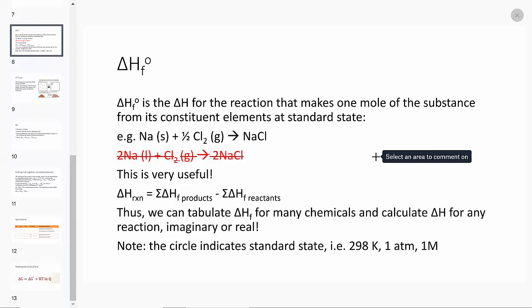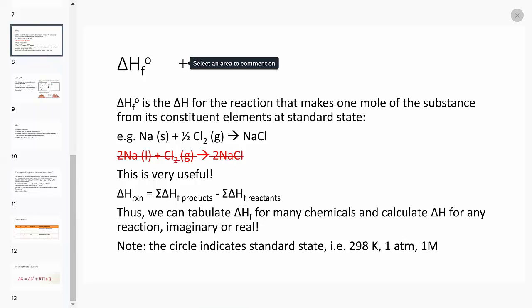So what are these enthalpies of formation? We write this as delta H of formation, and then we have this little circle here. This circle indicates that we are at standard state. What does standard state mean?